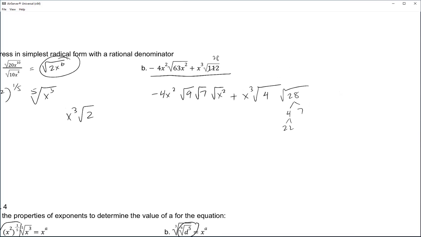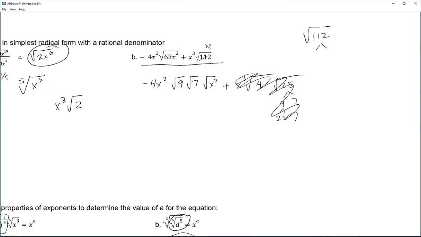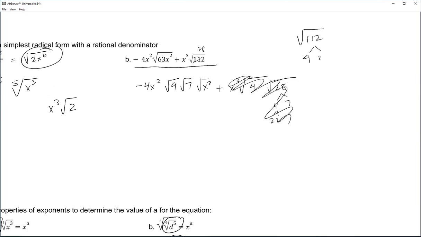So, sorry, let me do this all over again. Let me simplify 112. 112 is 4 and 28, 4 and 7. So we have two fours, even though it's not a prime number, since you could double them up, it would be 4 radical 7. Right here, right? So this is 4 radical 7, the x cubed. When you rewrite it, it would be negative 4x squared. This is 3 times 3.